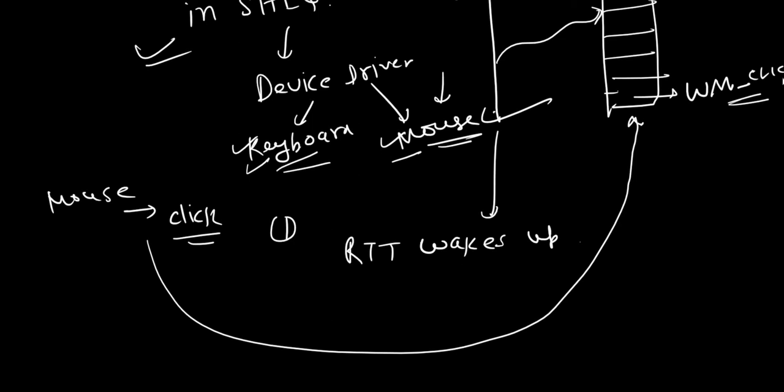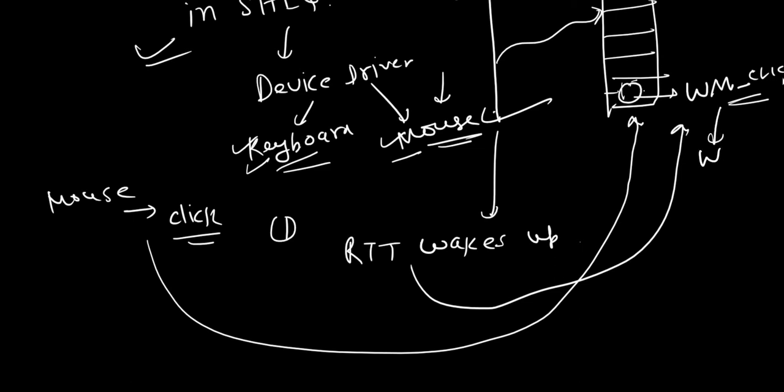Any system related message it will place here, and this will be converted by RIT into WM click. We do not know in which format this device driver will put this message. We don't know, but our RIT knows that to make it understandable by our operating system and by our programs, we need to convert it into a meaningful value.